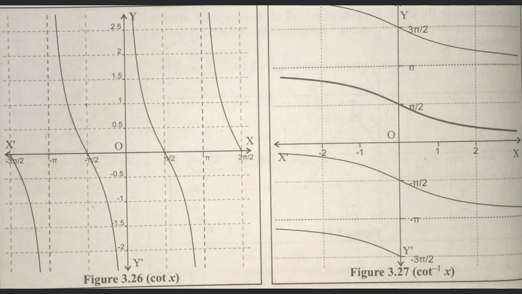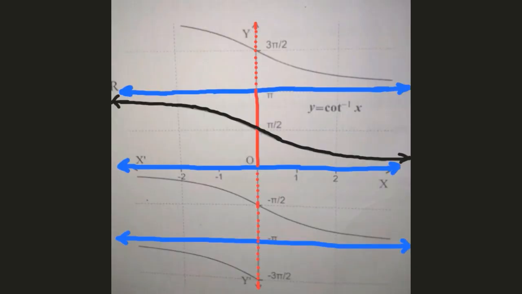While in the case of y equal to cot inverse x, the domain is the set of all real numbers which lie along the x-axis.